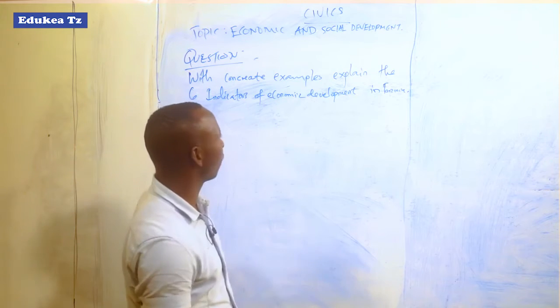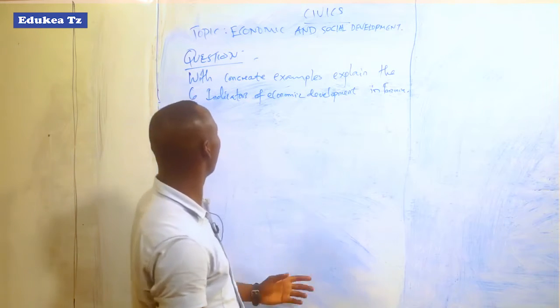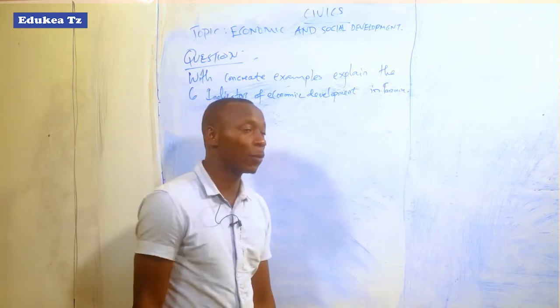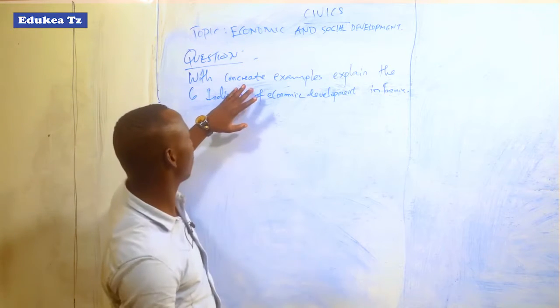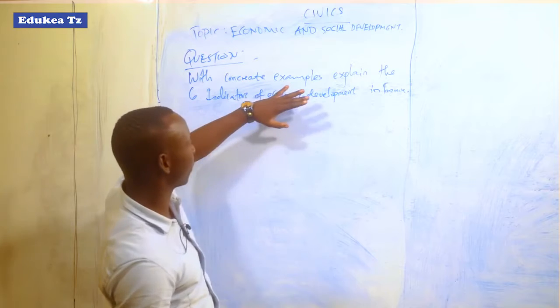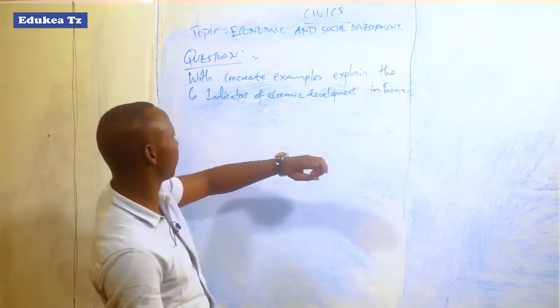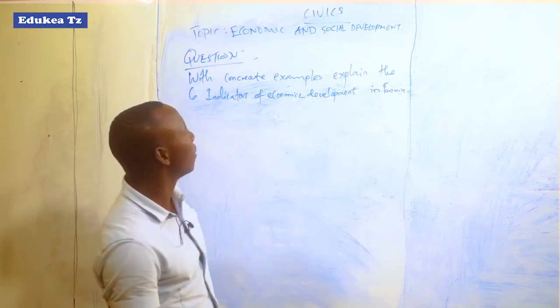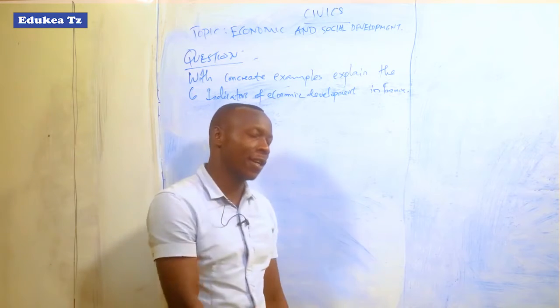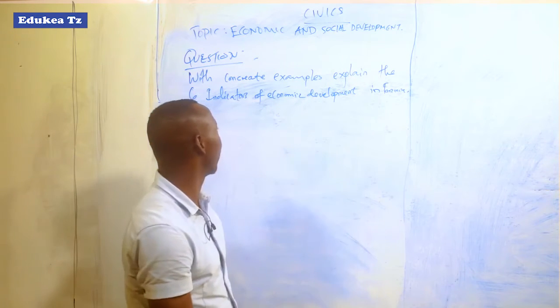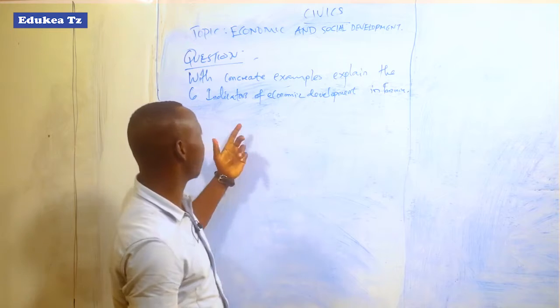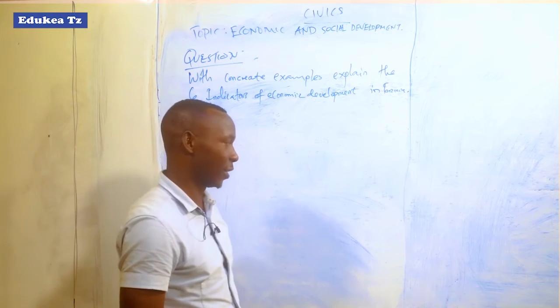What are the indicators of economic development in Tanzania? First of all, you need to explain the concept of economic development in Tanzania, and thereafter explain 6 indicators of economic development in Tanzania.